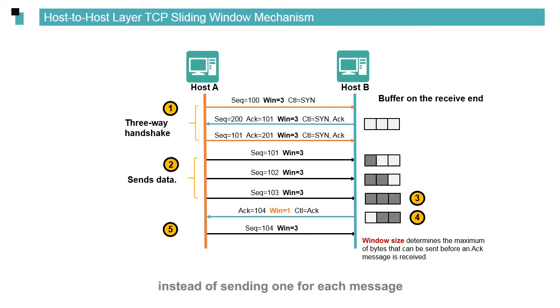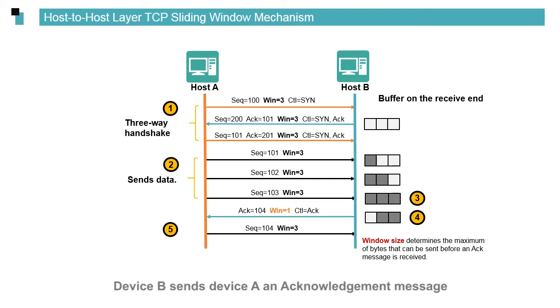each message. After the 3-way handshake is complete, Device A sends 3 messages with sequence numbers of 101, 102, and 103 respectively. After receiving them, Device B fills these messages in the buffer. The buffer is now full of data. One piece of data is obtained by the CPU for processing.